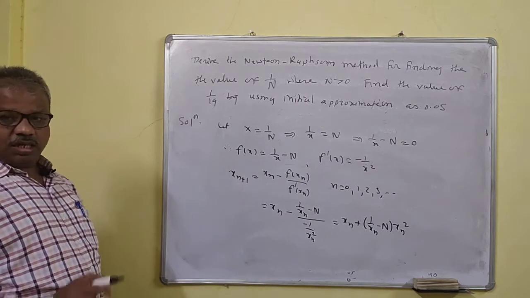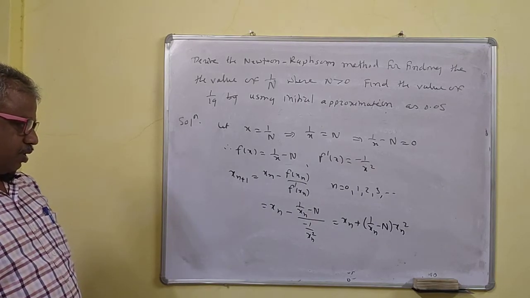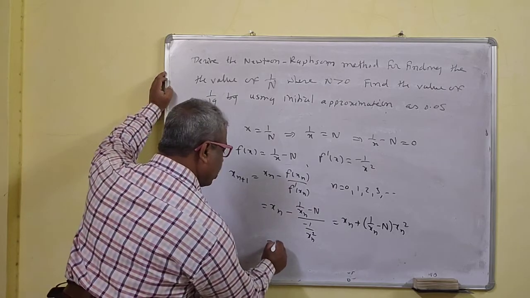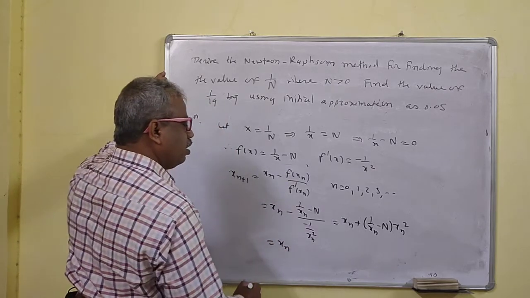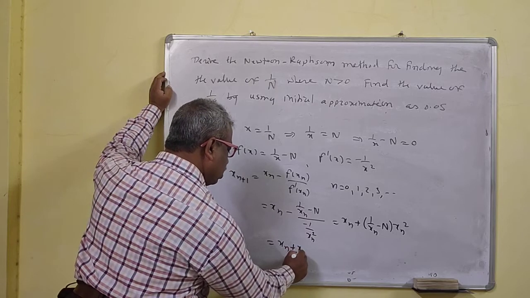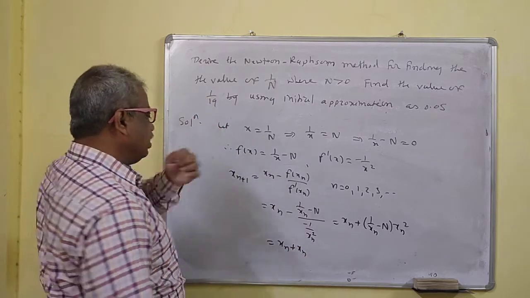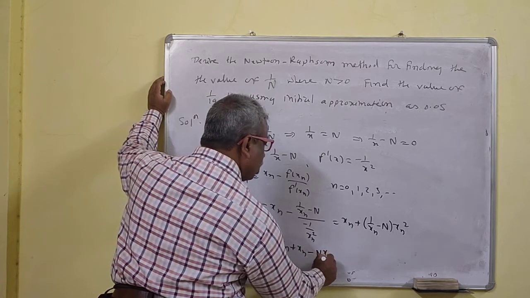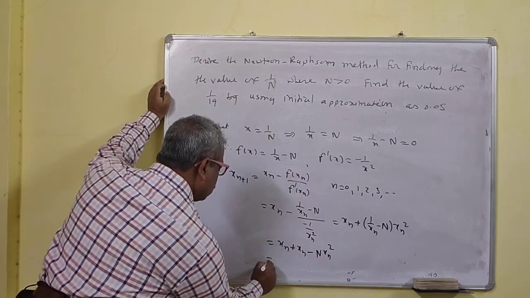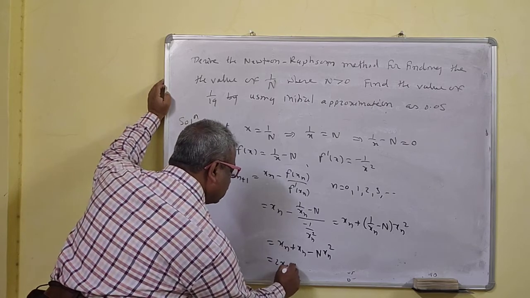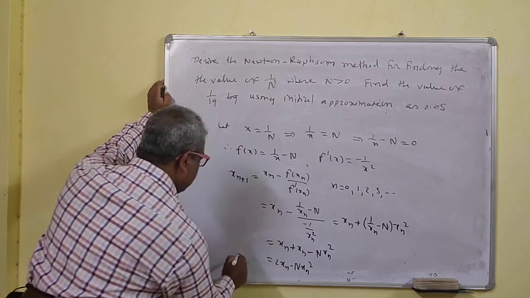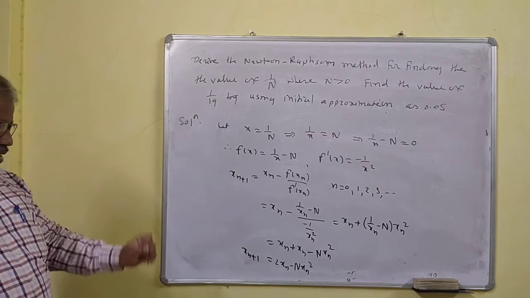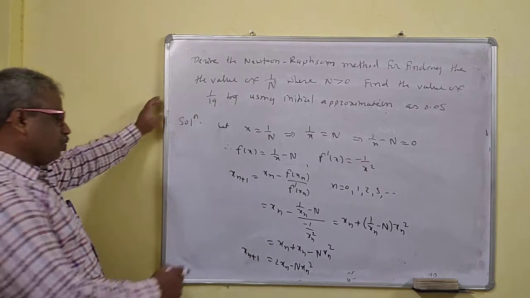What you get is xn plus xn minus n into xn square, so twice xn minus n into xn square. So this is xn plus 1. This is your formula.